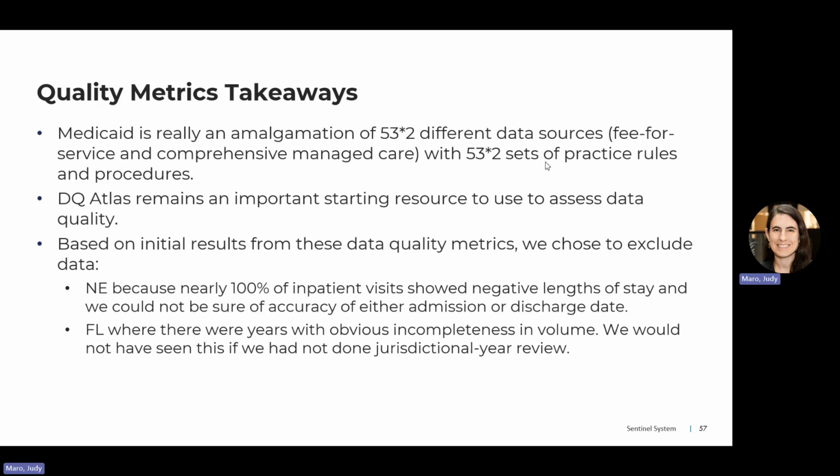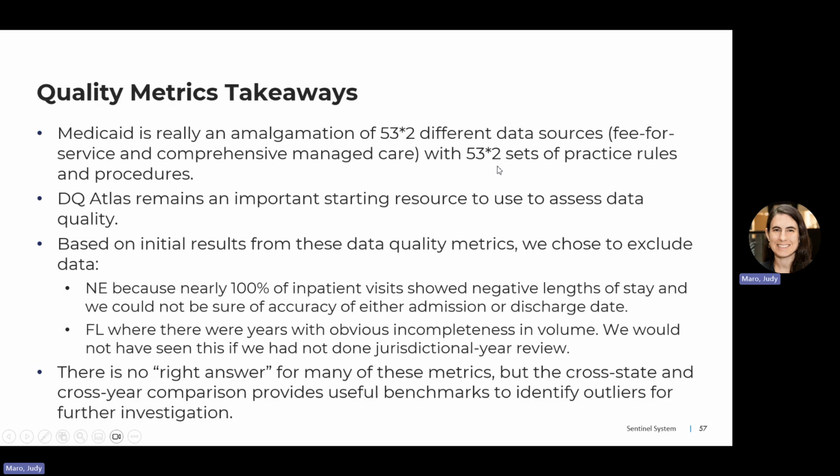One final thought: there's no right answer for many of these metrics, but both the cross-state or jurisdiction as well as the cross-year comparison provide a useful way to benchmark and therefore identify outliers that might warrant further investigation or evaluation when preparing your data and understanding whether you deem it fit for purpose for PCOR or maternal health research.